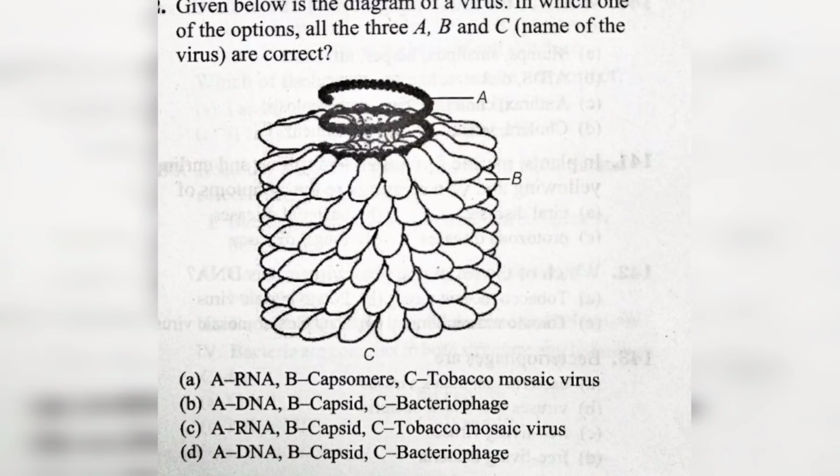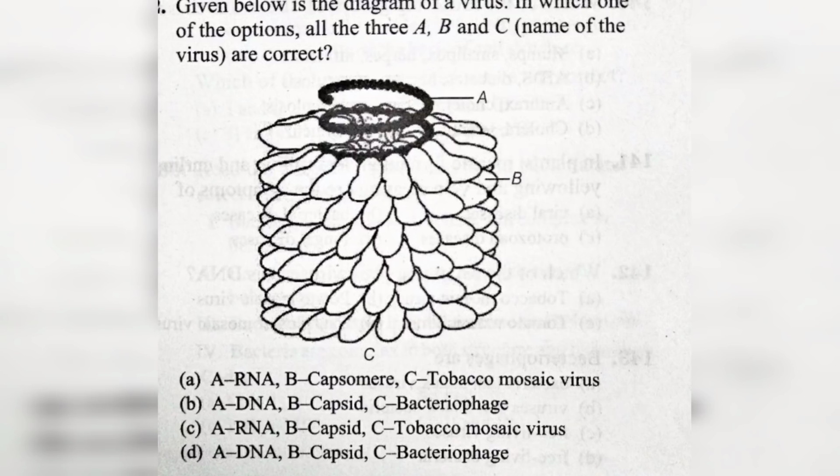The next one is, given below is a diagram of a virus. In which one of the options are all the three, A, B and C, correct? And this diagram is also directly taken from the NCERT book.